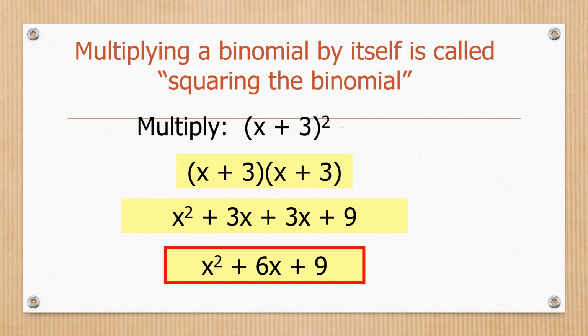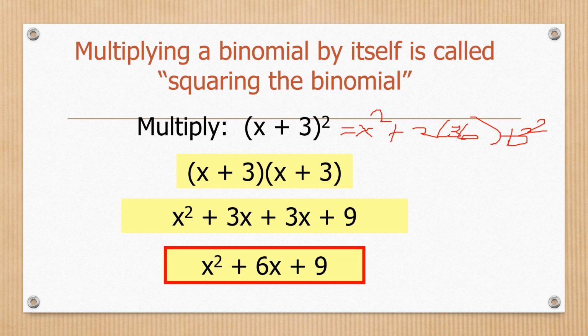So we can use the formula here: x squared plus 2 times 3x, and then plus 3 squared. You can do this. This is also squaring of binomials.